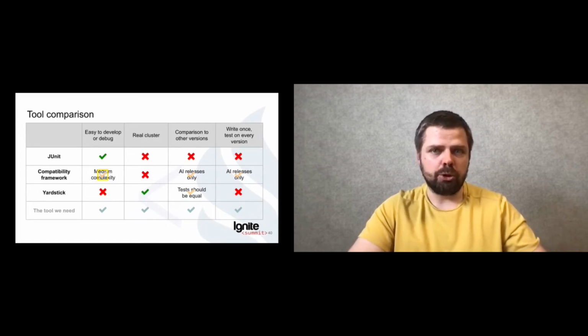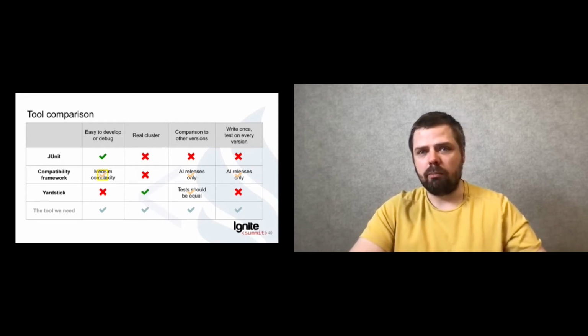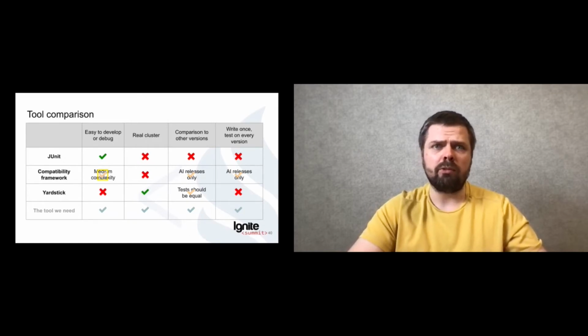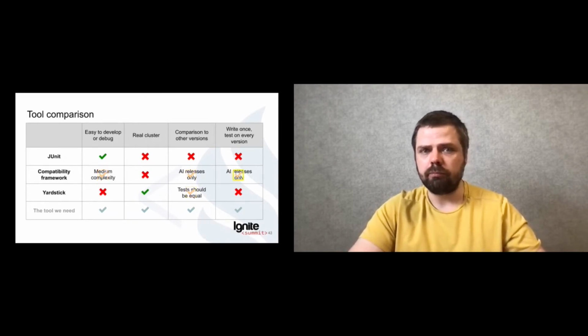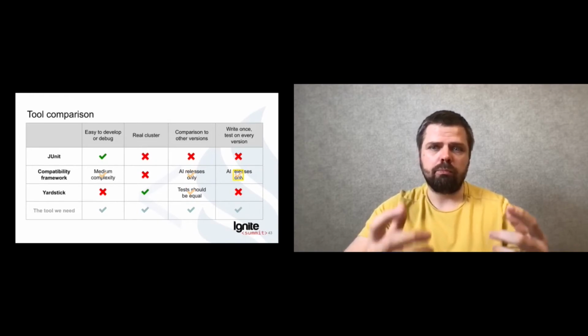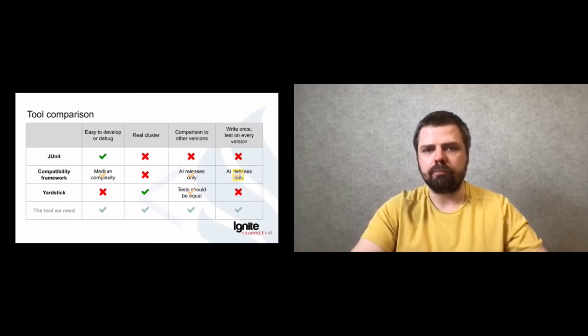The real cluster can be checked only by the Yardstick framework, but as you remember, Yardstick is a benchmarking tool, not testing. Both the compatibility framework and Yardstick are able to compare different versions of Ignite with some limitations. And the compatibility framework is also able to execute custom code on a previous Ignite version.